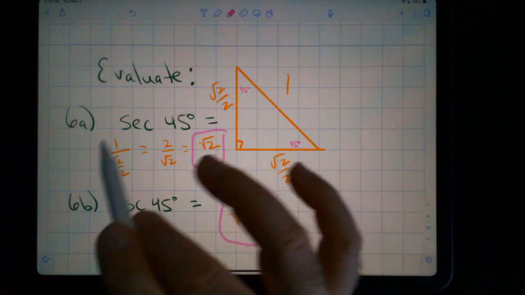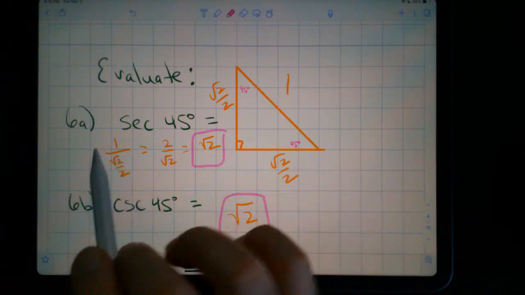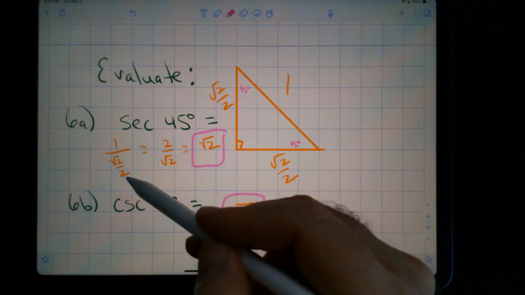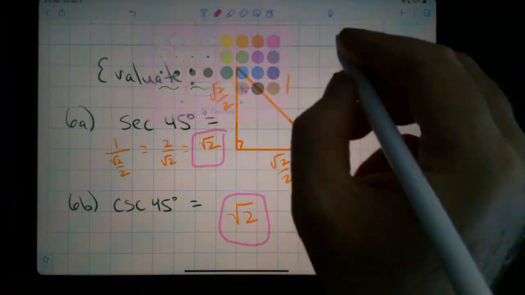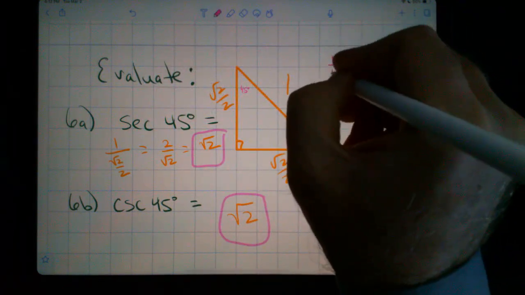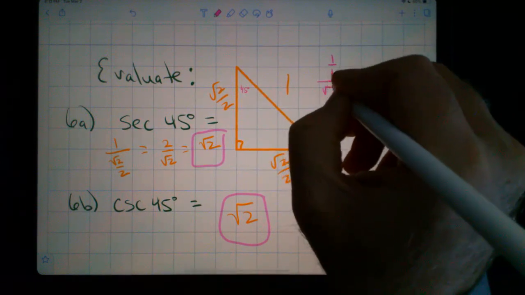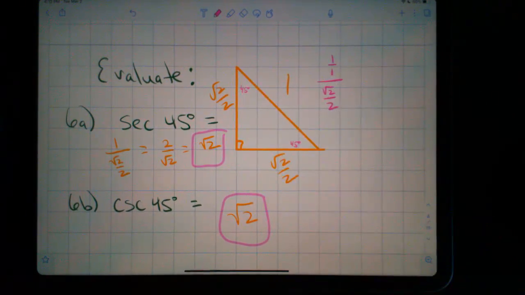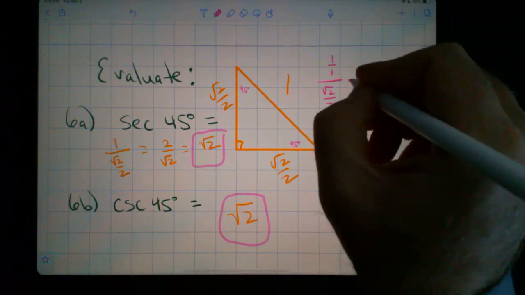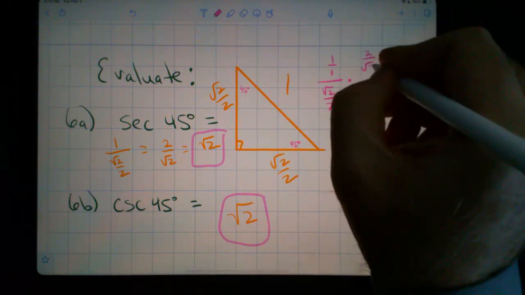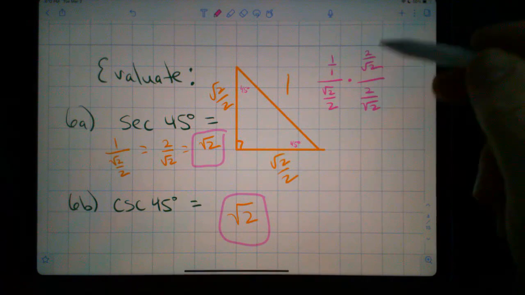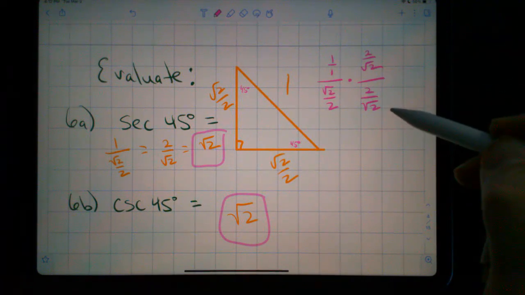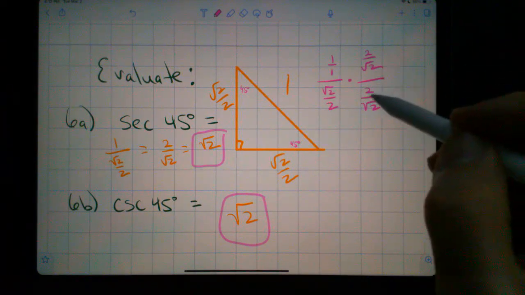Maybe I should explain how this came about. So if we have the hypotenuse divided by the cosine, if I were to multiply this by 2 over root 2, it's a non-zero number over itself. So it didn't change.